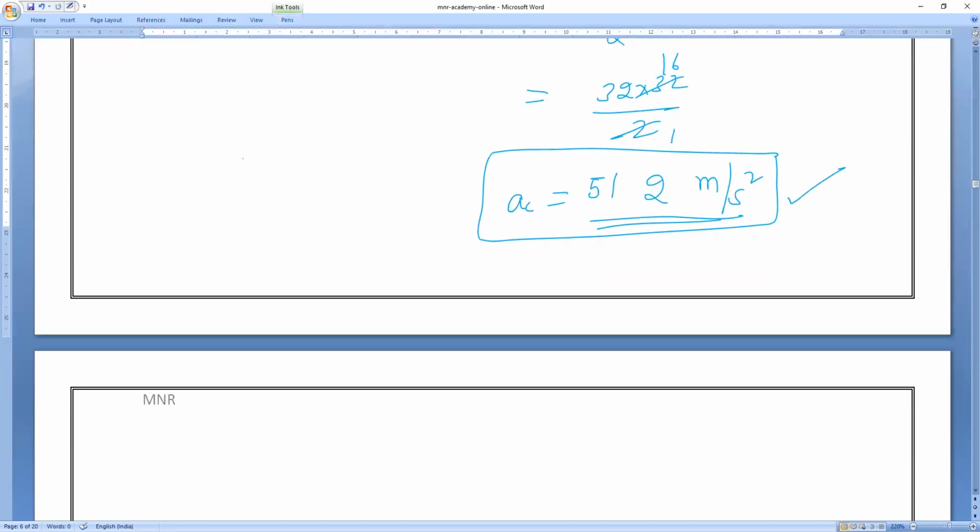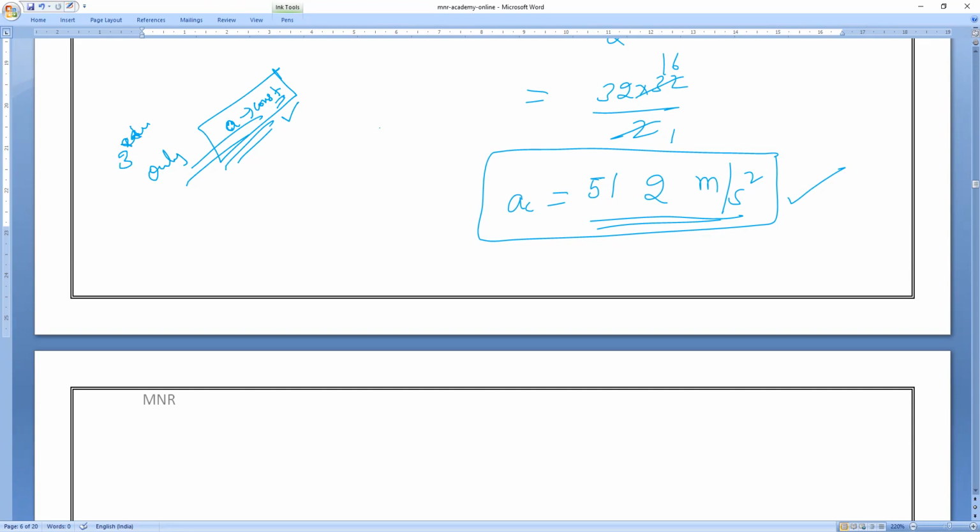All 3 equations of motion are only valid for a body whose acceleration remains constant.